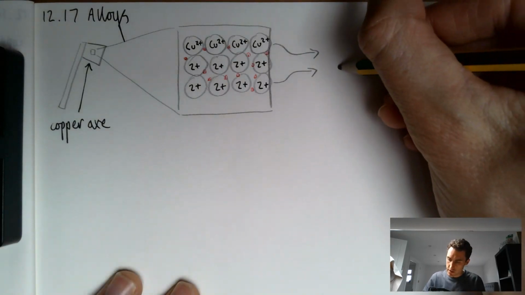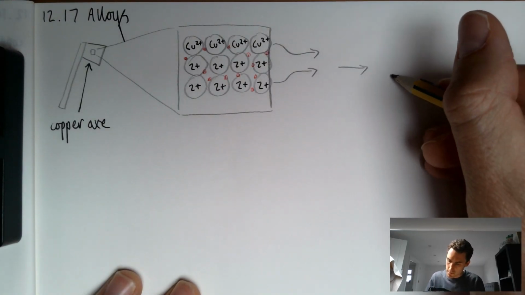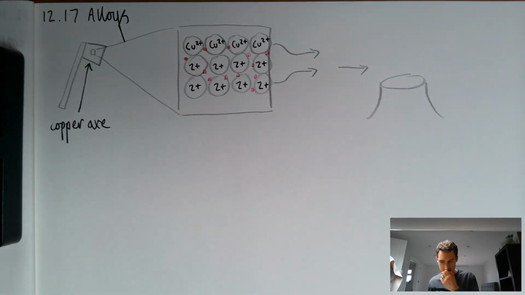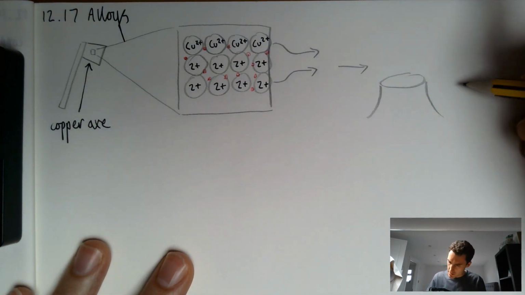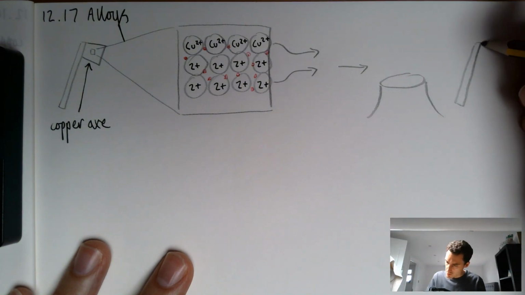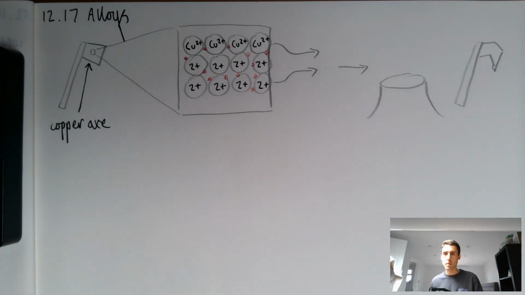And what you might end up with then is, after you've had a go at chopping down your tree, so here's my tree trunk like that, your axe might sadly look a little bit misshapen. So if there's my axe, I might draw something like this. My axe has got a bit bent.